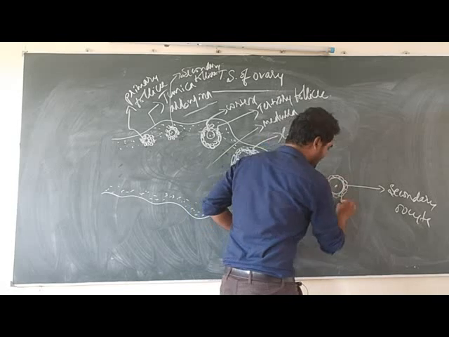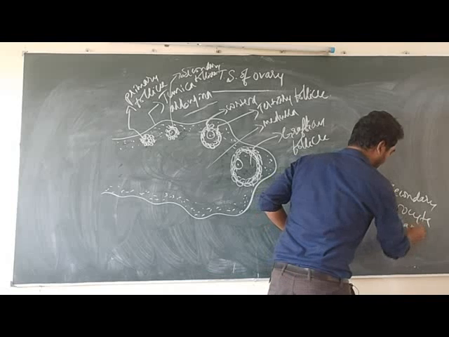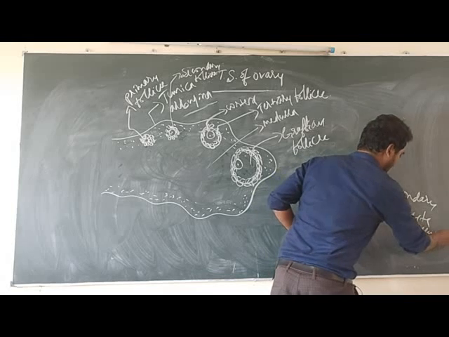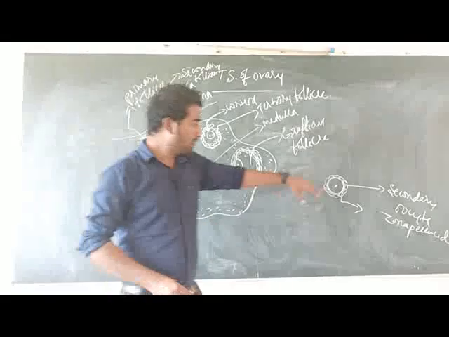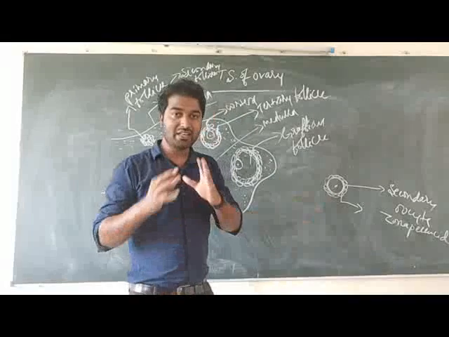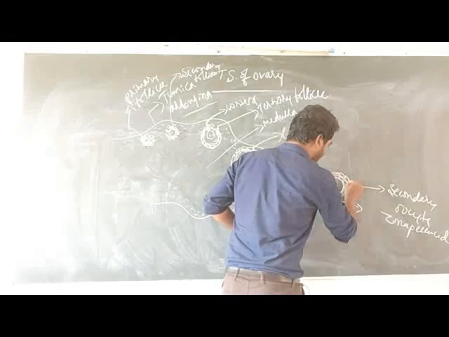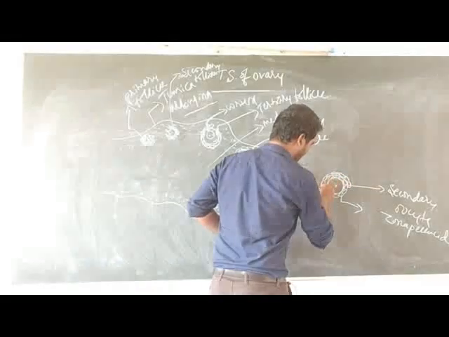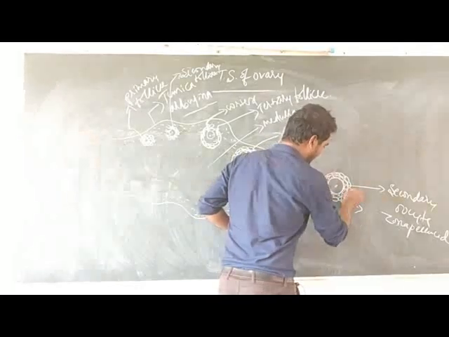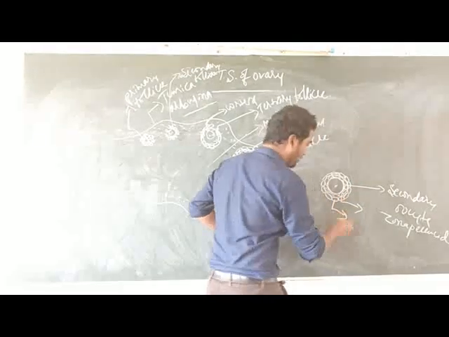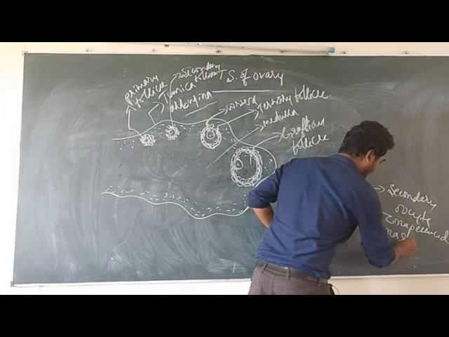And around the zona pellucida, another layer is present. This outermost layer is known as corona radiata.